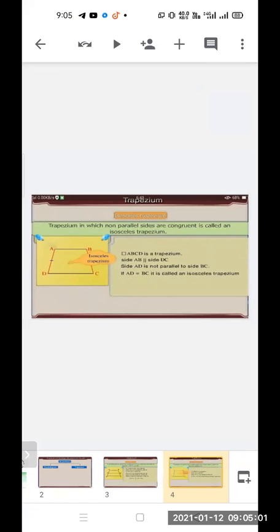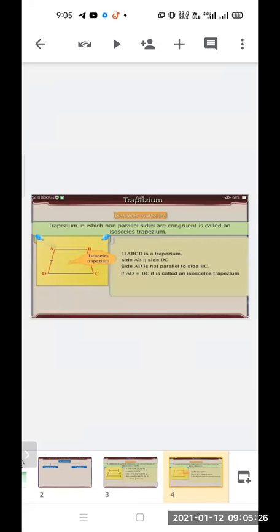It is a triangle in which two sides are of equal length, or two sides are the same. Similarly, what is an isosceles trapezium? A trapezium in which the non-parallel sides are congruent is called an isosceles trapezium.